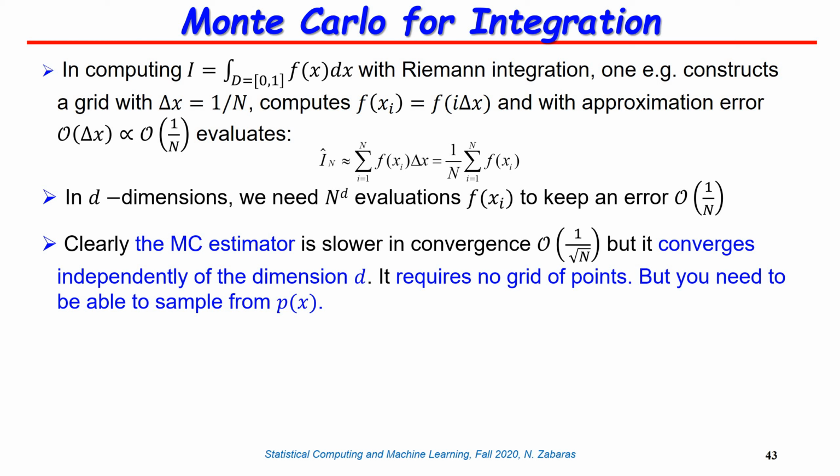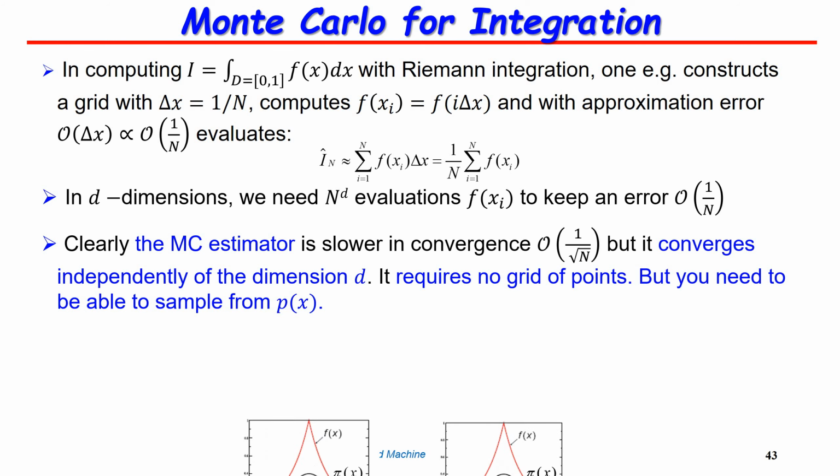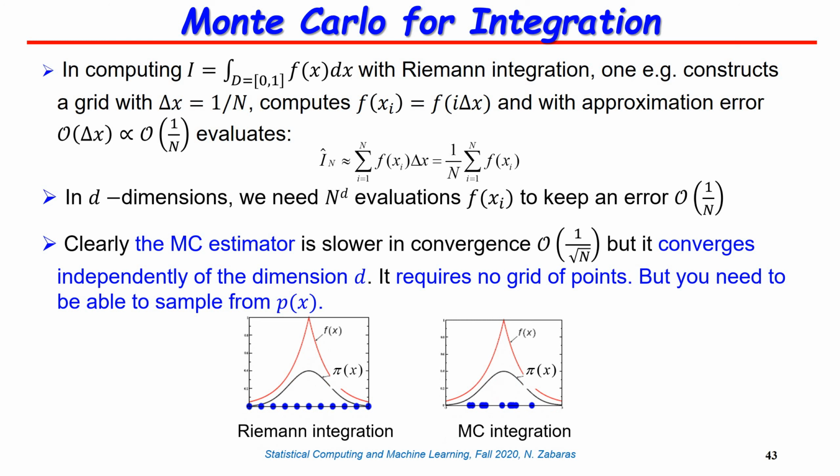In Monte Carlo, there is no dependence on the dimensionality, but the rate of convergence is 1 over square root of n. Now, you may wonder, is the cost of actually computing samples from a high dimension distribution more expensive? Well, we will need to discuss these things as we move along. But for now, remember that the Monte Carlo error is of the order 1 over square root of n, and it is independent of the dimensionality of the problem.